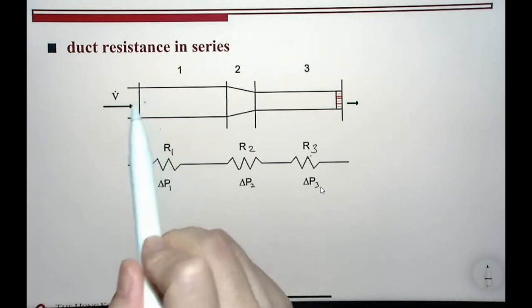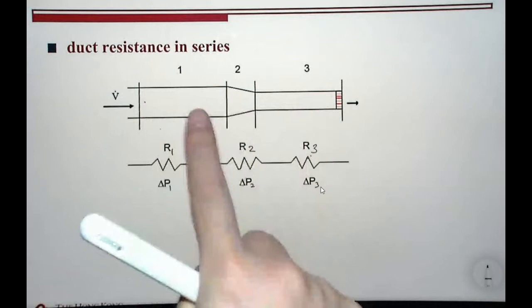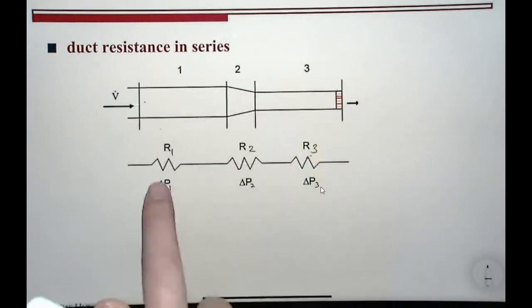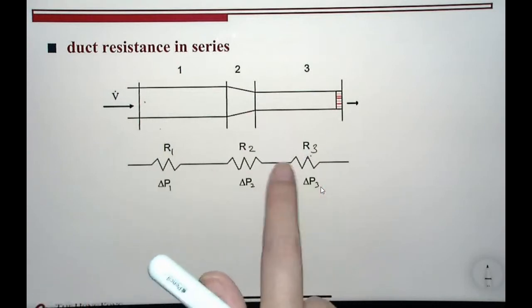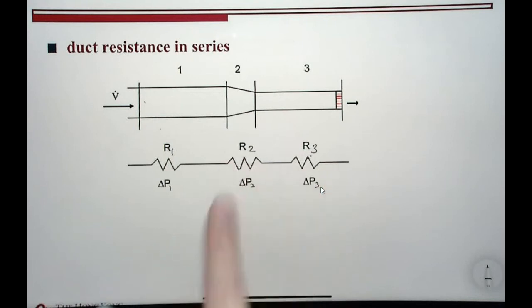This is why, with this schematic of three ducts connected in series, we can draw the resistance figure connecting 3 duct resistances together.